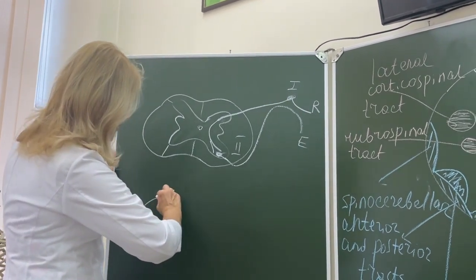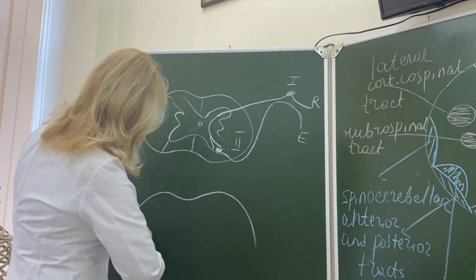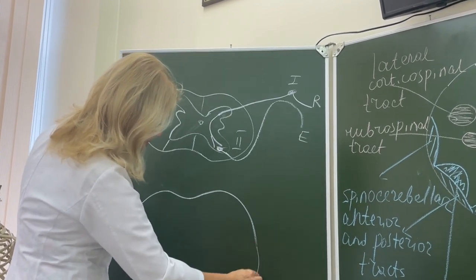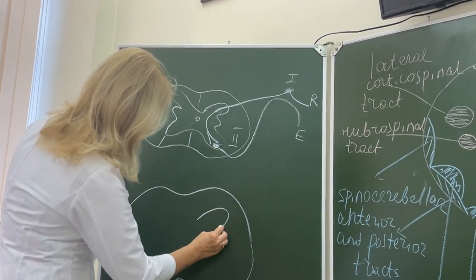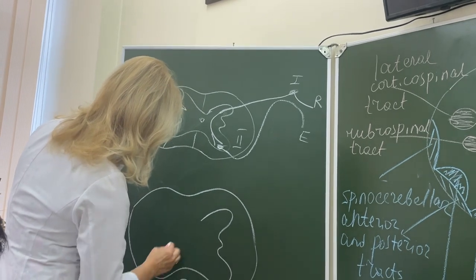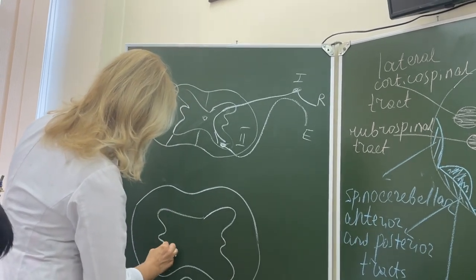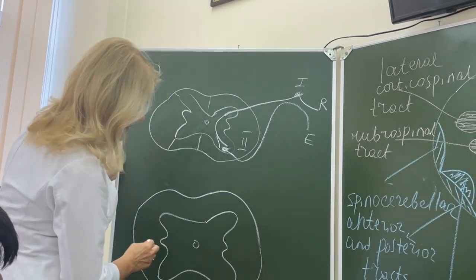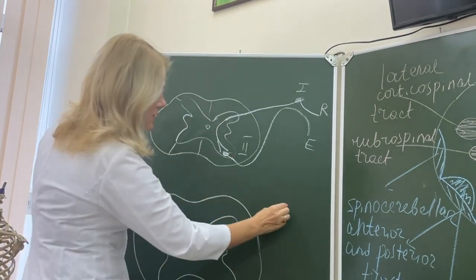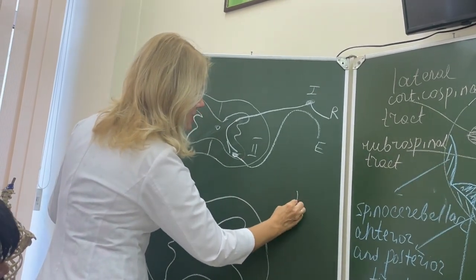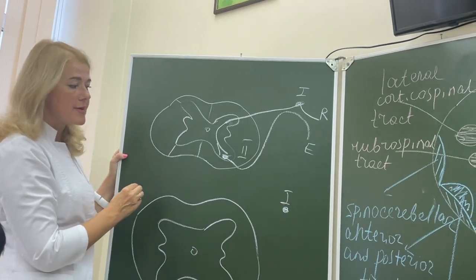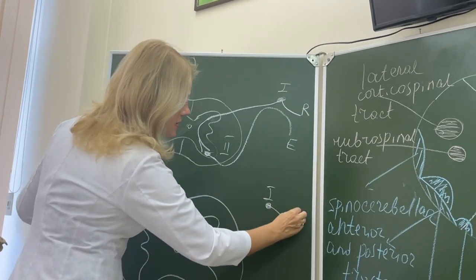If the reflex arch consists of three neurons, the same picture, please do it. We'll repeat it. The first neuron is absolutely the same, the spinal ganglion. The receptor is located here.